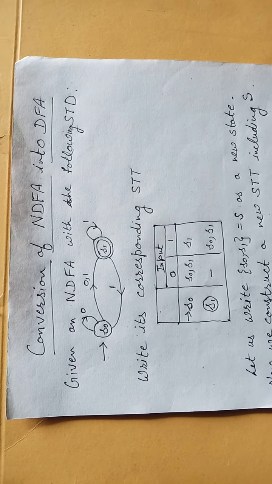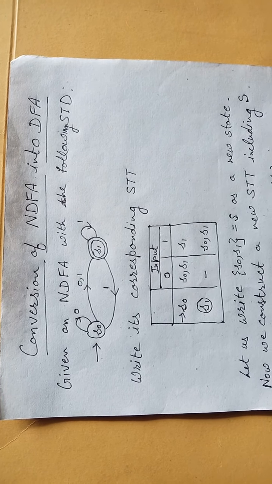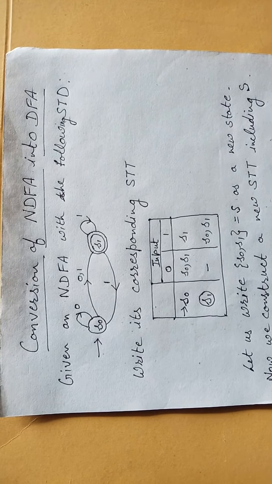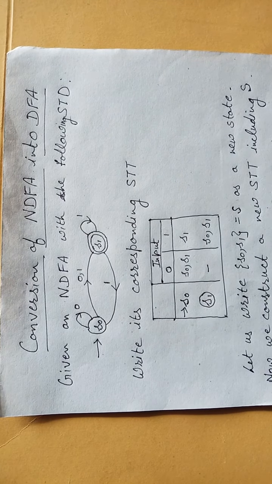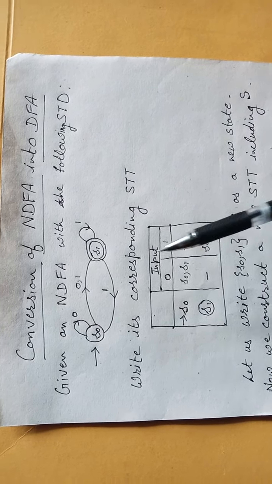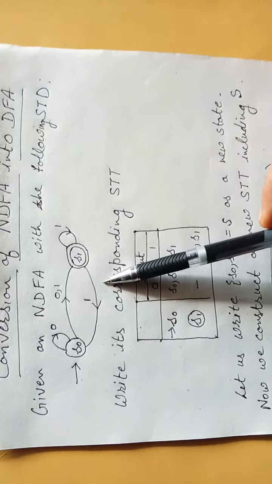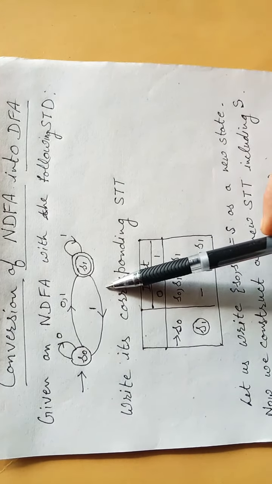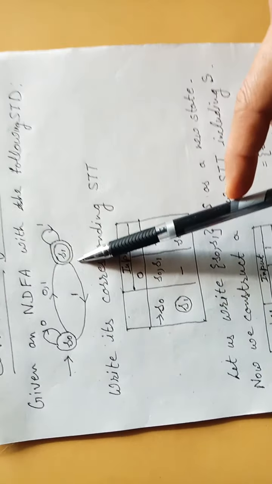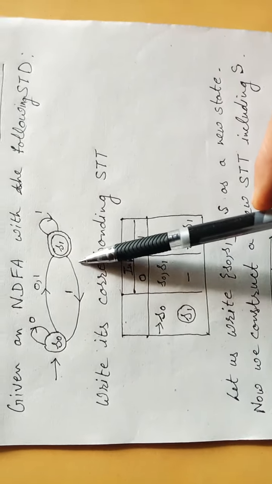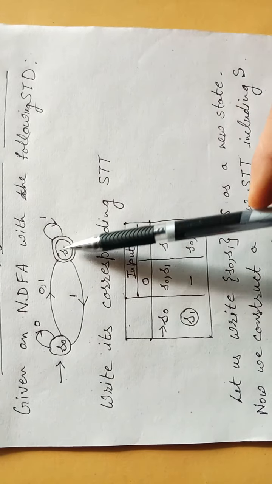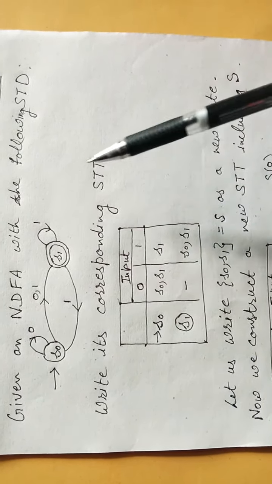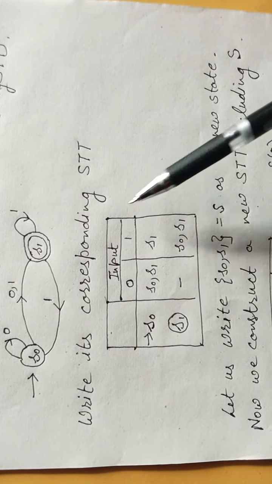Now let's see how to convert a non-deterministic finite automata into deterministic finite automata. So here a non-deterministic finite automata is given in diagrammatic form, a state transition diagram with only two states. I have taken here a very simple example.